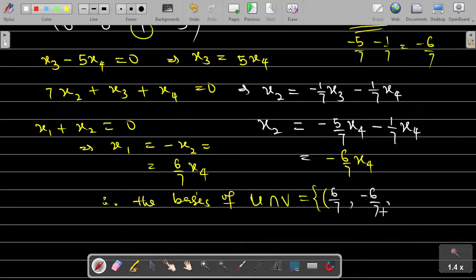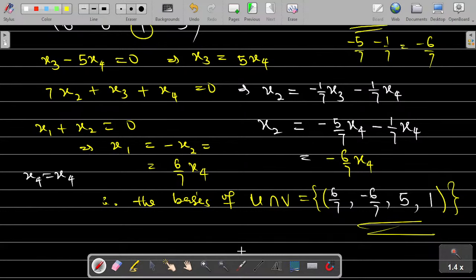And then x3 is equal to 5x4, and the coefficient there is 5. And then x4 is fixed to itself, so x4 is equal to x4, and the coefficient there is 1. And that gives you the only vector that will be in the basis of U intersection V.